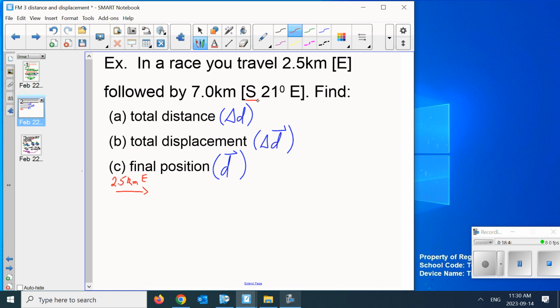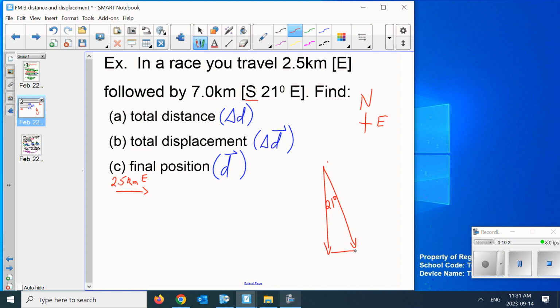And here's what I'm thinking when I see it. South, I'm going to erase it. This is straight south. But then, you know how it's north, east, south, west. I'm going south, and then east a little bit. So what I would do is think, and this won't show up on the video here, but 21 degrees, I'd use a protractor for directions to the east direction from south. So 21 degrees, like that.